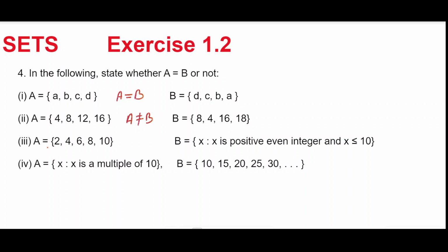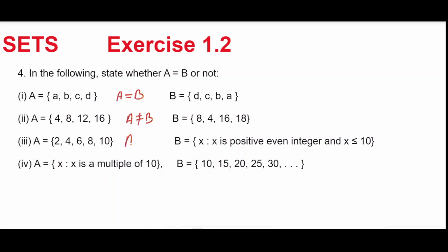Now in the third part, A is 2, 4, 6, 8, 10, and B is x such that x is a positive even integer and x is less than or equal to 10. Both are the same, because if you go up to 10, you get 10, 8, 6, 4, 2, since we take only even integers.